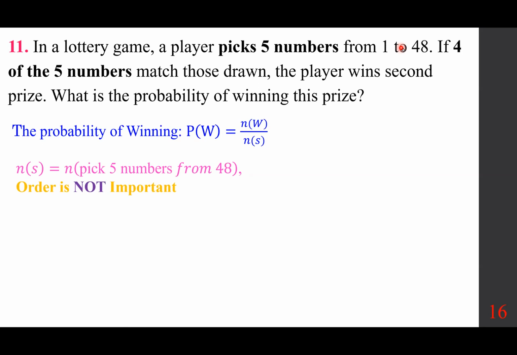Combination of 48. N is 48. R is 5. Combination of 48, pick 5. 48 factorial over 5 factorial. The difference between 48 and 5. That means 48 minus 5 or 43 factorial. That is the way you calculate it. It may be a huge number. It's not a big deal. I'm showing you how it's calculated.